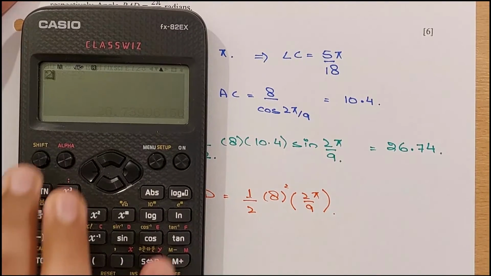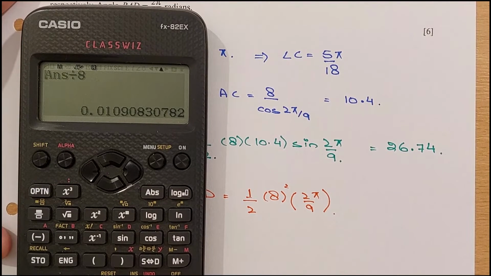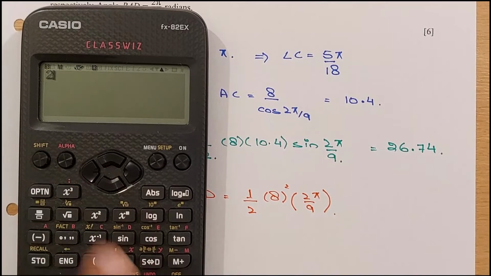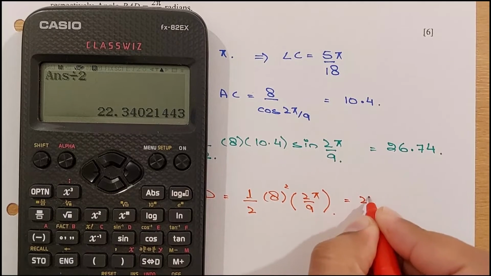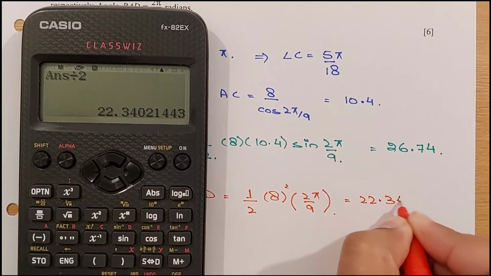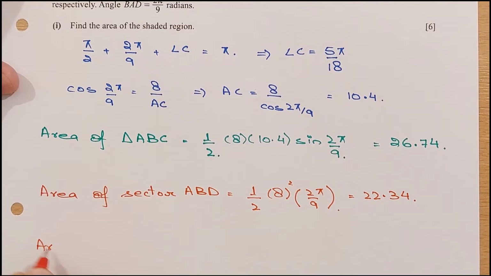So the angle is 2 pi divided by 9 multiplied by 8 squared, which is 64, divided by 2. So this is equal to 22.34. Right, now let me find the area of the smaller sector.